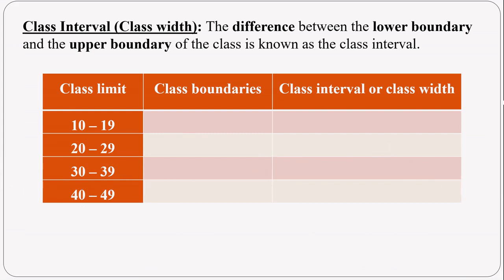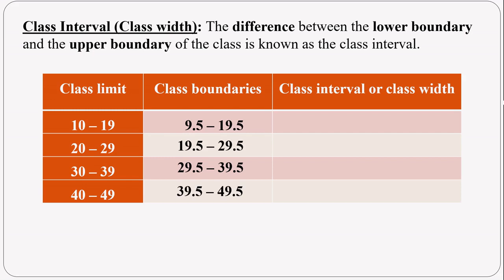The same rule applies. So 10 minus 0.5 and 19 plus 0.5 gives the class boundary 9.5, 19.5. For the next one, 19.5, 29.5. For the third one, 29.5, 39.5. The fourth one, 39.5 and 49.5.